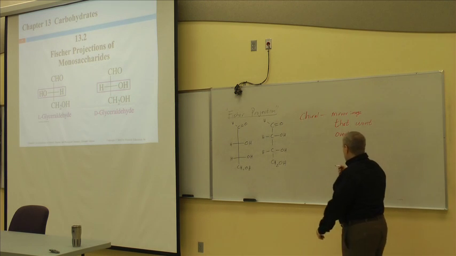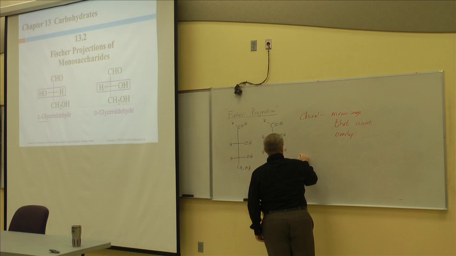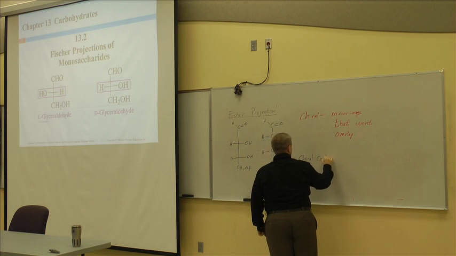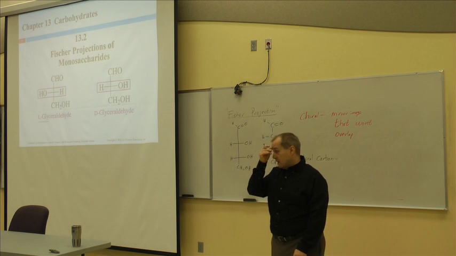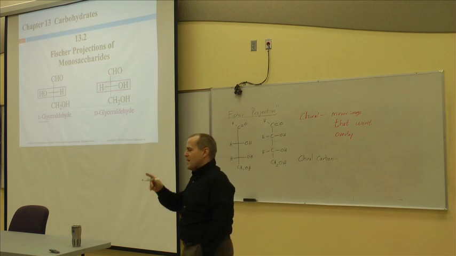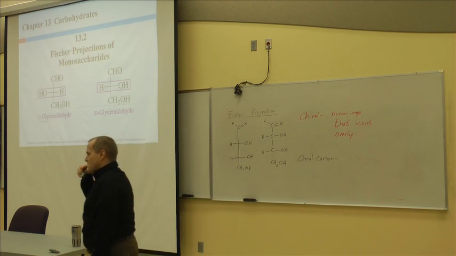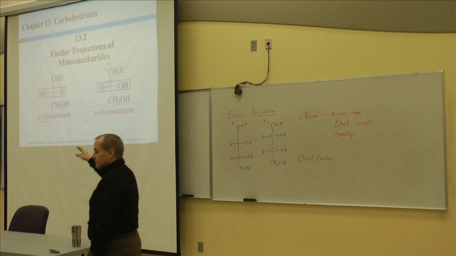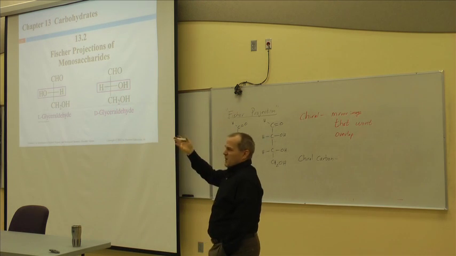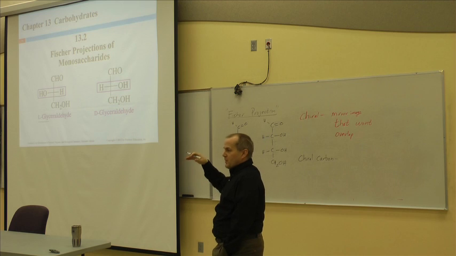Now, in chemistry, or in organic especially, and in sugars specifically, we have things called chiral carbon. Now that's interesting. That means we have carbon atoms that have mirror images that won't overlap with them. Whoa! Blew my mind right there. It could be an atom, but we're going to say carbon.